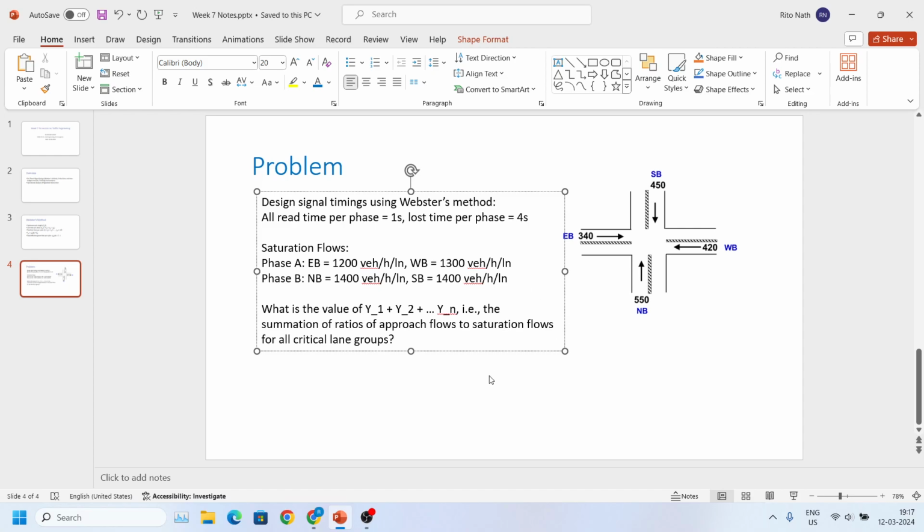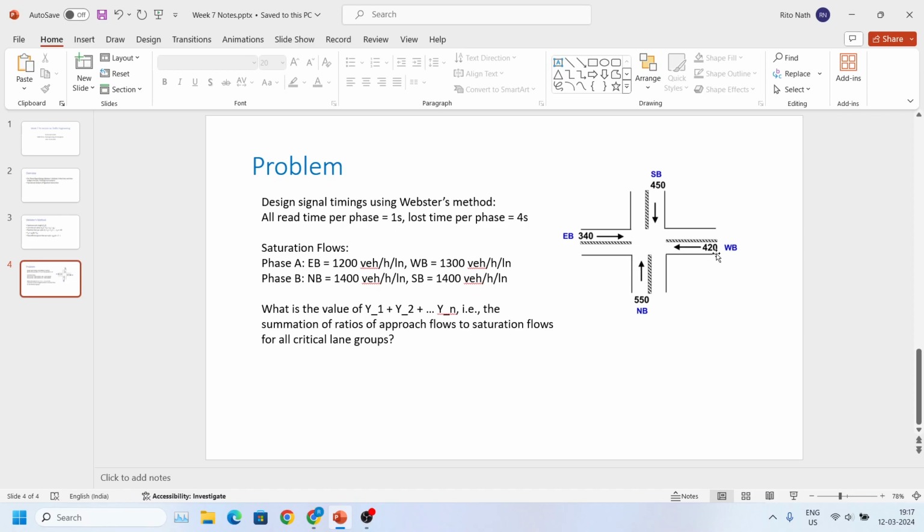Now, how would you approach this problem? So first is the phases are given to you. The lane groups are also defined. So EB and WB are like two lane groups here, and NB and SB is the other lane group that is there. The hourly volume or equivalent hourly volume per lane is also given.